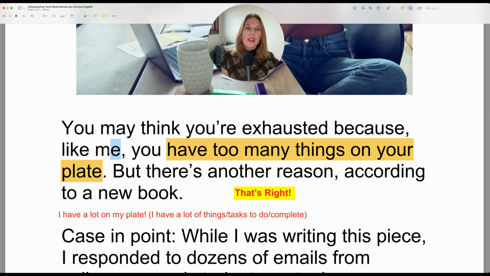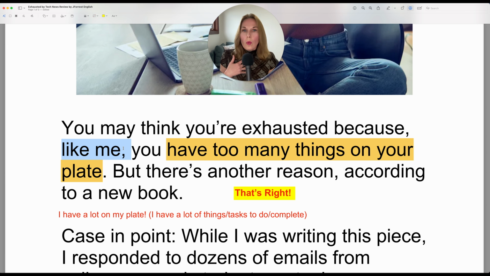Now here, notice the author included "like me." This is a great technique, and it's in between commas, which means it's optional. You can remove it entirely and the sentence will be grammatically correct without it. You may think you're exhausted because you have too many things on your plate. So without it, it's entirely correct. What's the purpose of including it?